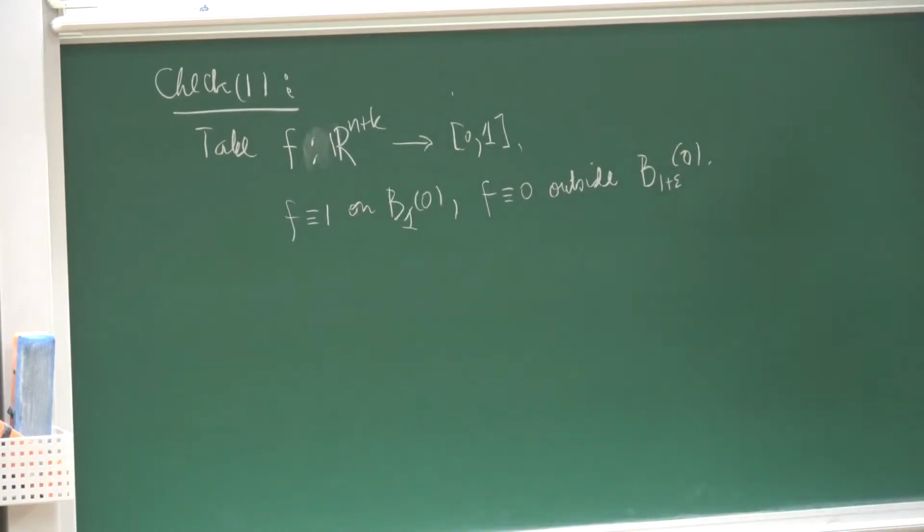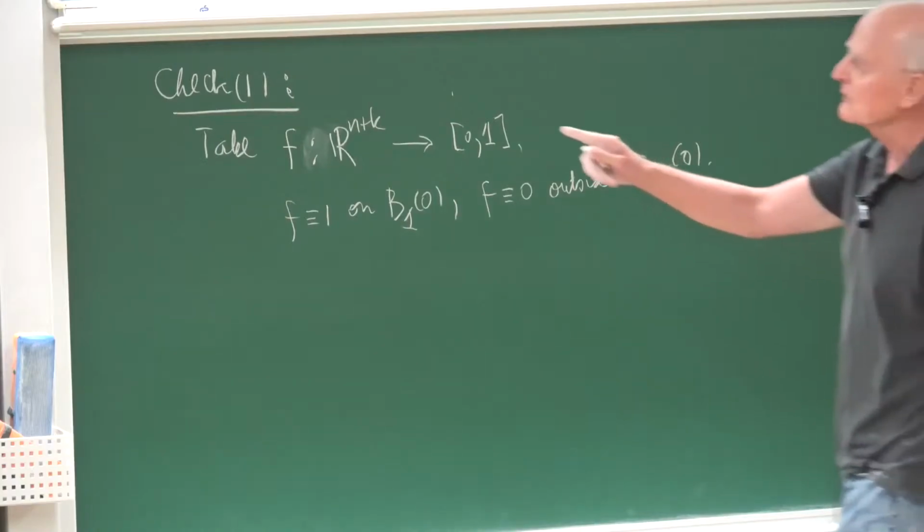Now that you can do. You can certainly cook up a continuous function which is identically 1 in the ball of radius 1, identically 0 outside the ball of radius 1 plus epsilon, and which goes down linearly to 0 in between. So you can certainly do that.